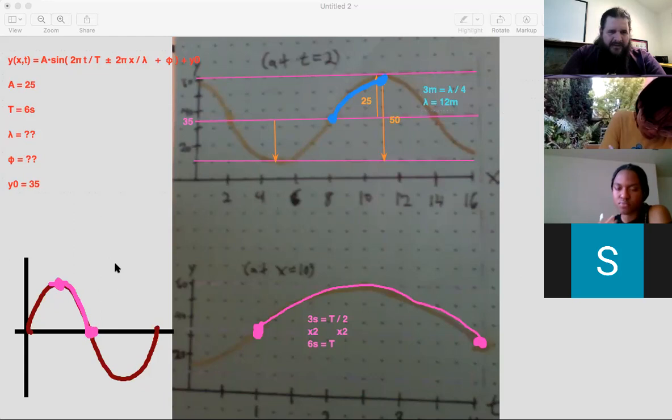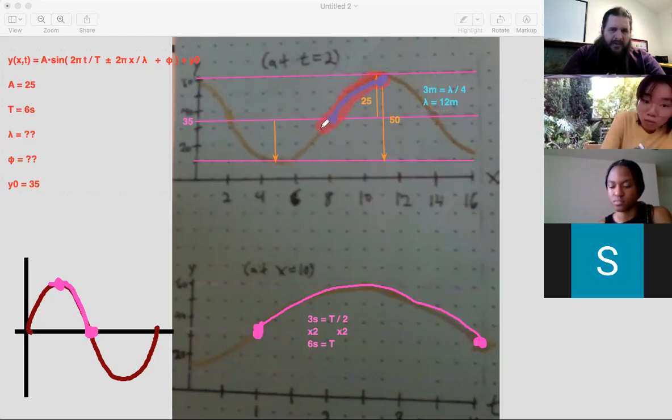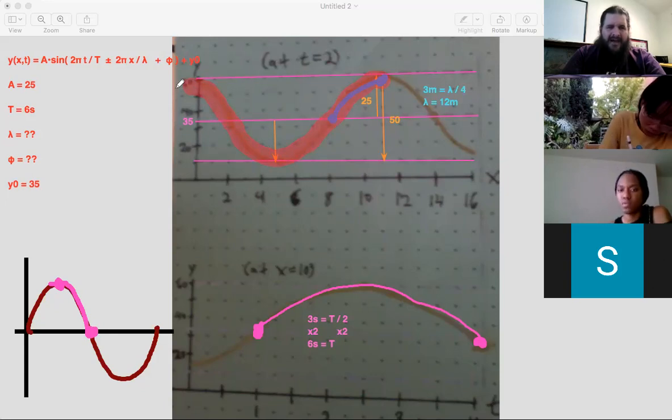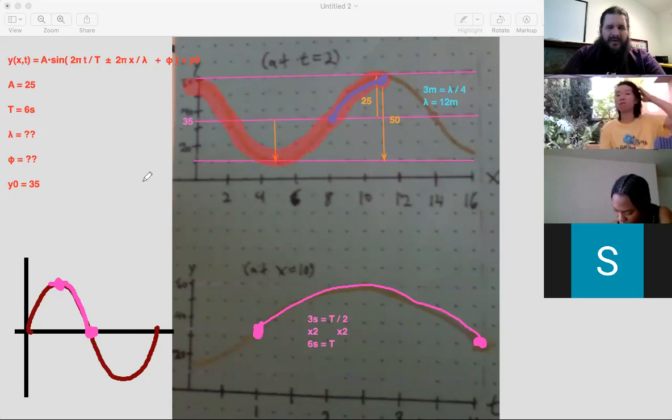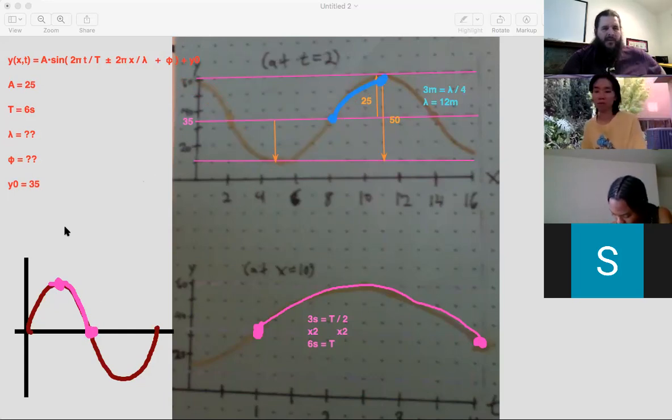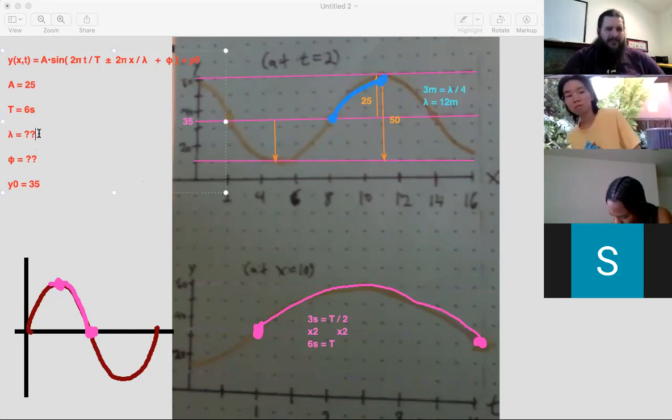And in fact, if we try 12 meters, it will be something like this and a little bit beyond, because from -1 to 11 would be crest to crest. So presumably the crest is at -1, just before 0. So we now know the wavelength, 12 meters.